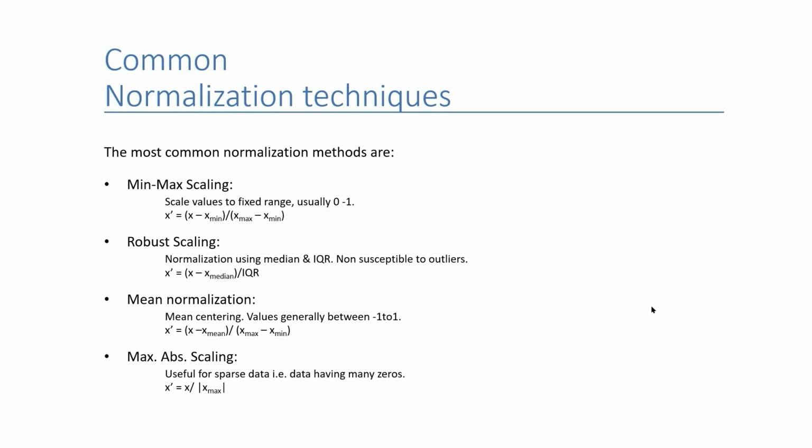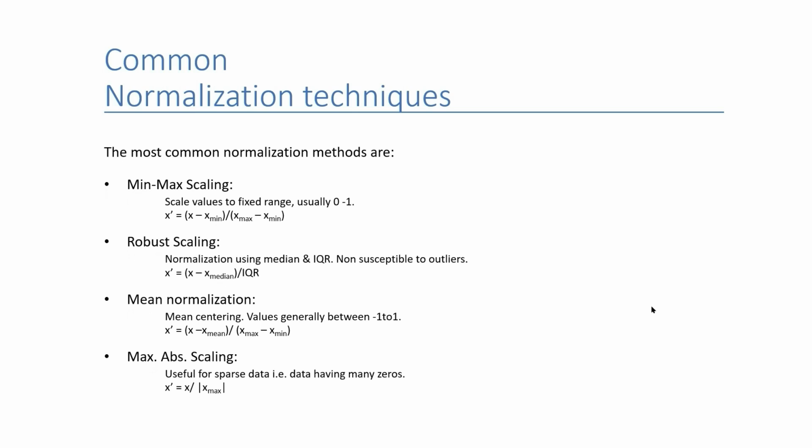Then we have mean normalization, and this is utilized when we want data centered around 0. Therefore, it is also known as mean centering. The values we get through mean normalization are between -1 and 1, and the formula is x minus x mean divided by x max minus x min.